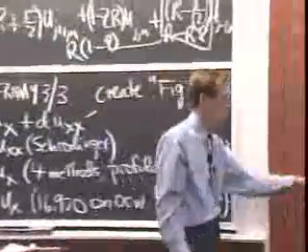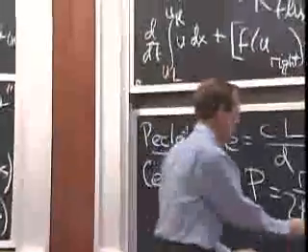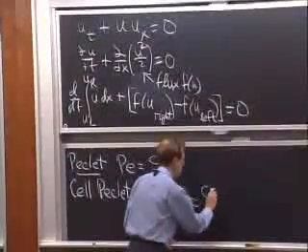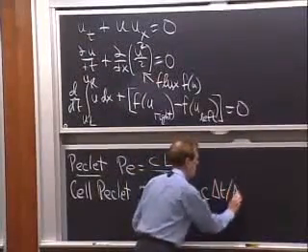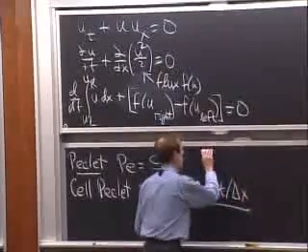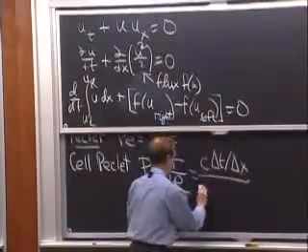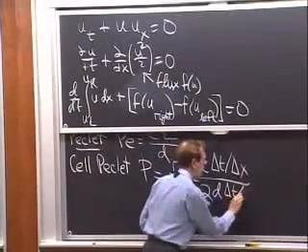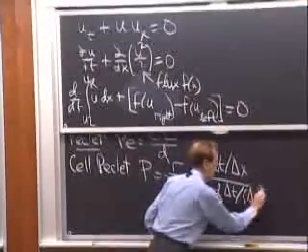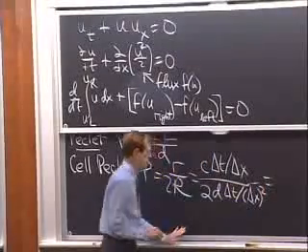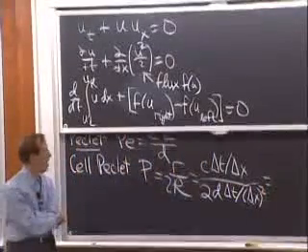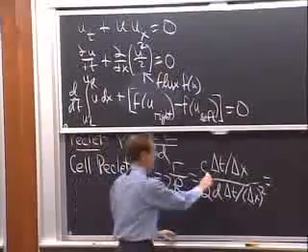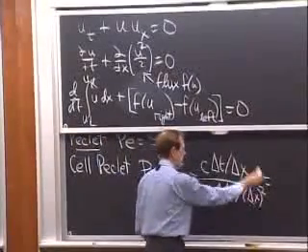Okay, so just to see, what is this then? You remember that R is C delta T over delta X, and capital R is D delta T over delta X squared. So just to complete this, the delta t's cancel. One of the delta x cancels. The other one comes up.